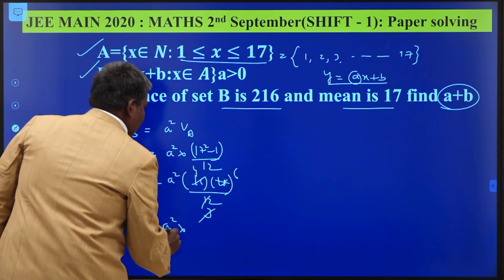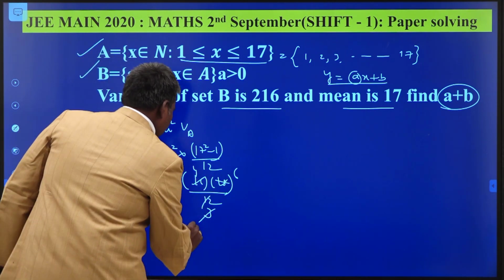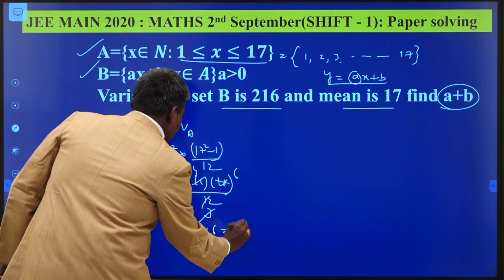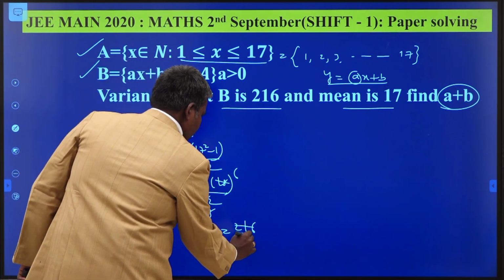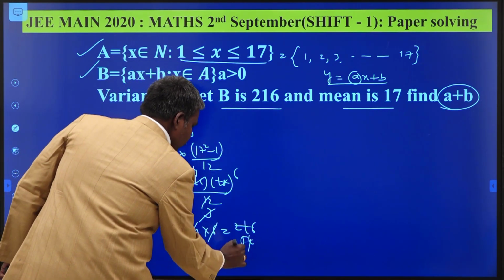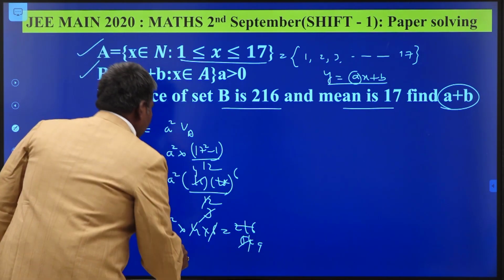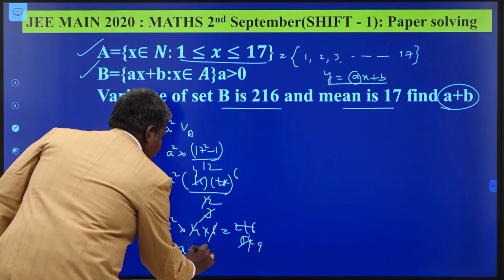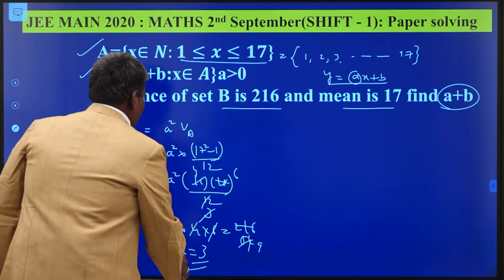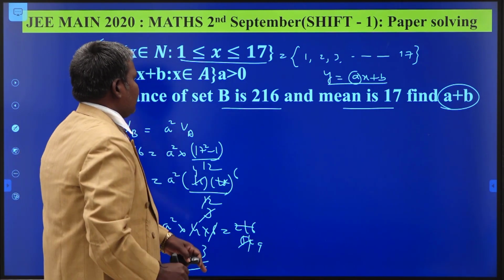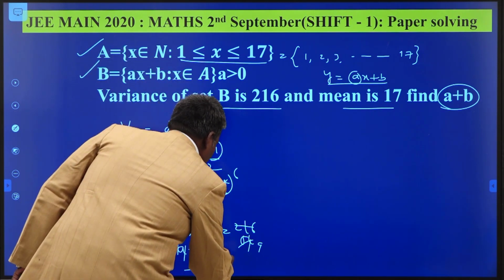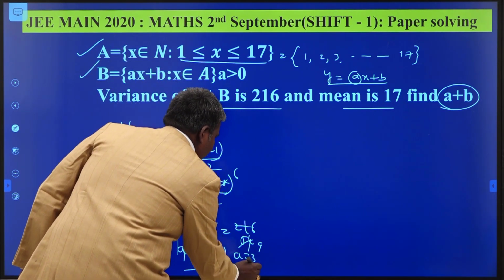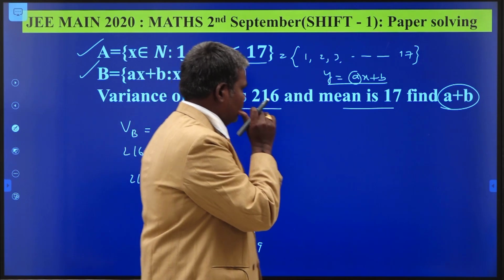So a square times 24 is equal to 216. So a square is equal to 9. The value of modulus of a is equal to 3. The variance is always positive, standard deviation is always positive, no need to take modulus. Therefore, the value of a is equal to 3 itself.